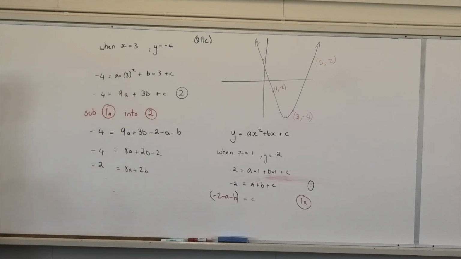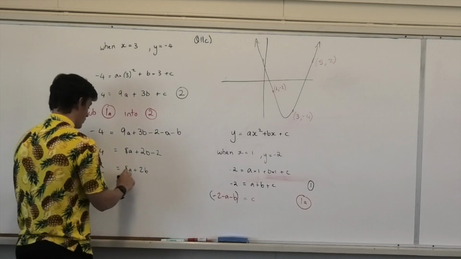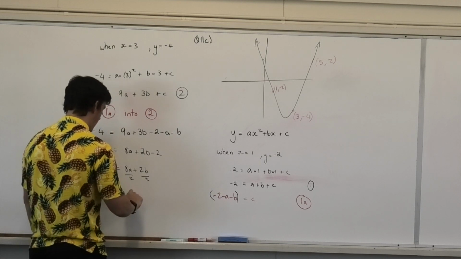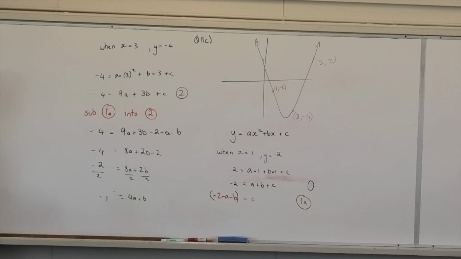Harry was about to help me get this to my last step. What did you tell me, Harry, to do? Divide everything by 2, so divide 2, divide 2, divide 2, and that will give me -1 equals 4a plus b. What do you reckon I have to do now? Where do I want my variables?